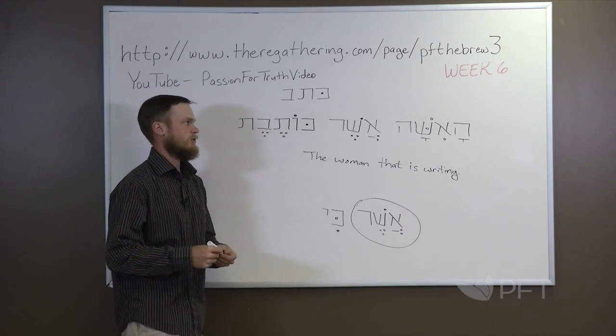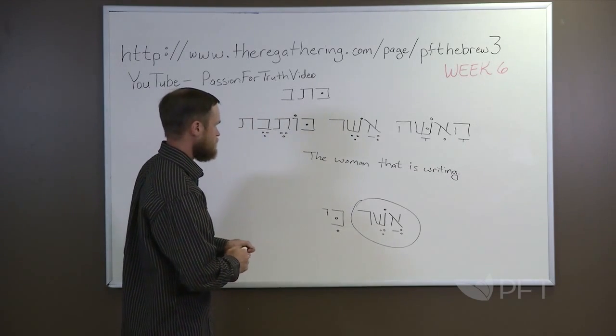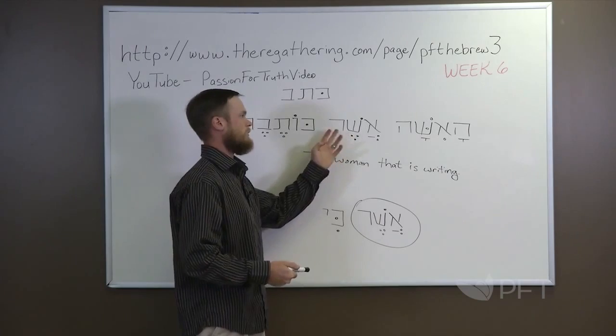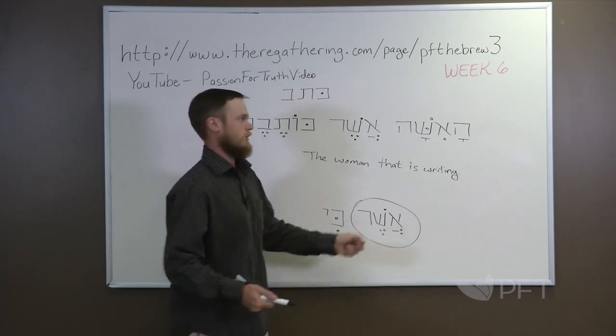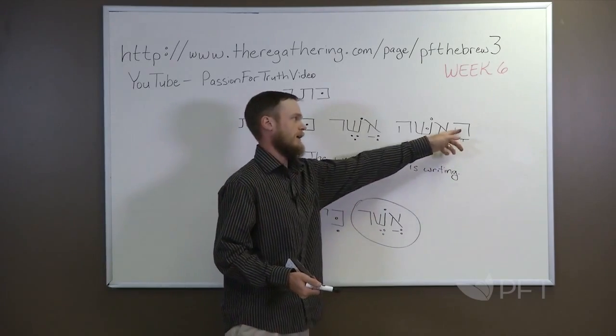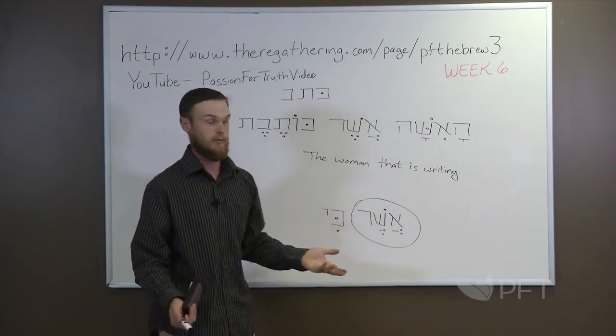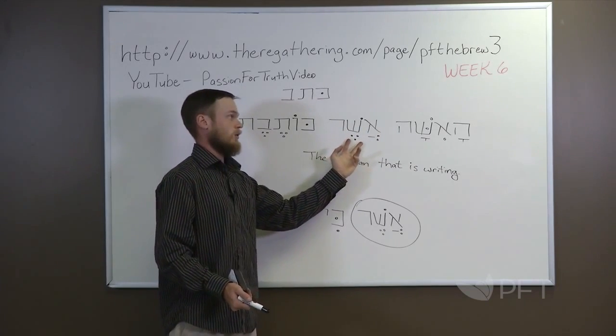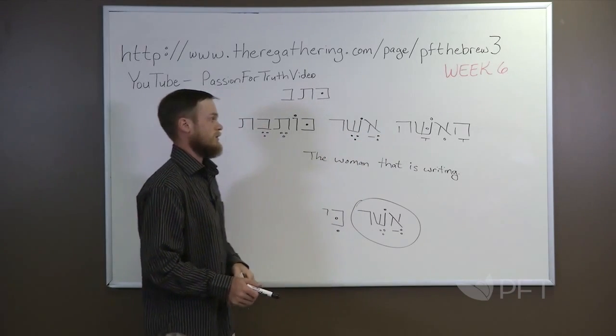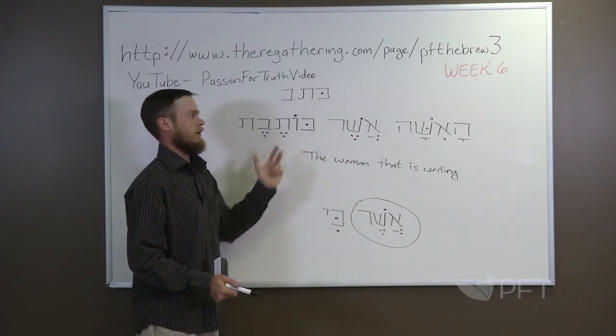Okay, so asher introduces a conditional clause. All right, it further specifies which woman we're talking about. Okay, this woman is specified once by the hey, the woman, instead of just a woman. All right, but it's specified further, okay, and in more direct terms, more specific terms, with whatever follows asher.